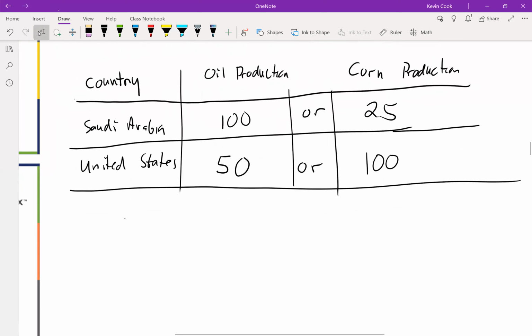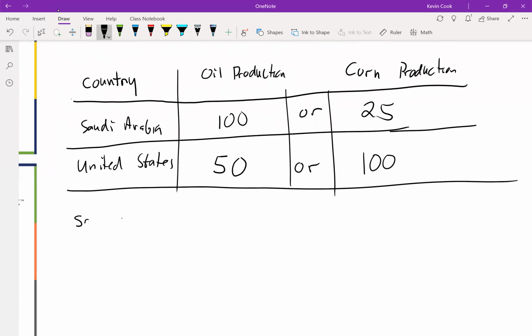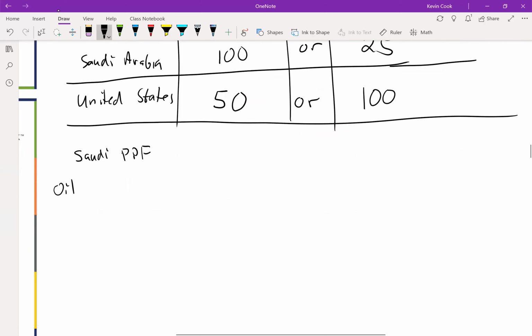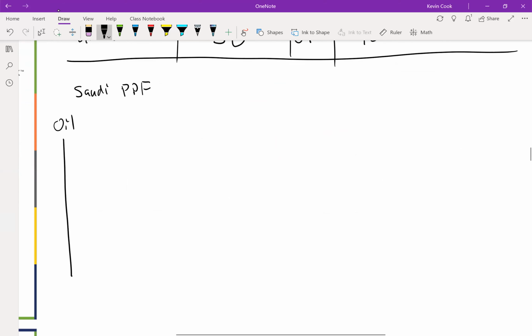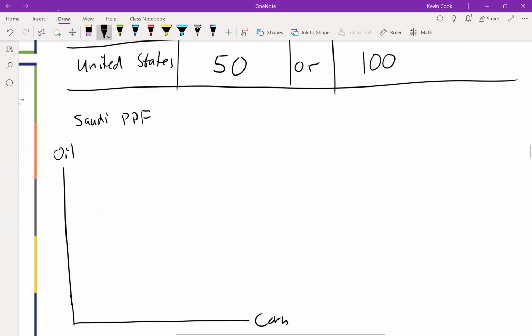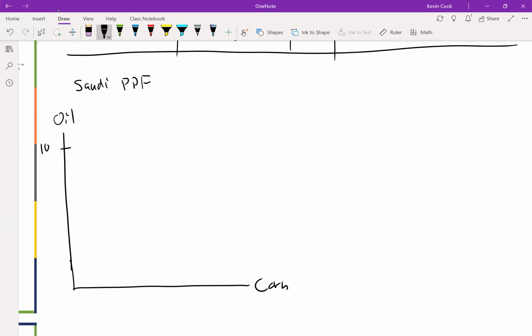So if we look at Saudi Arabia, I'm going to say the Saudi PPF. We'll say that we have oil and corn. And we say that Saudi Arabia can produce either 100 oil or 25 corn. And they can produce anything on this production possibility frontier.